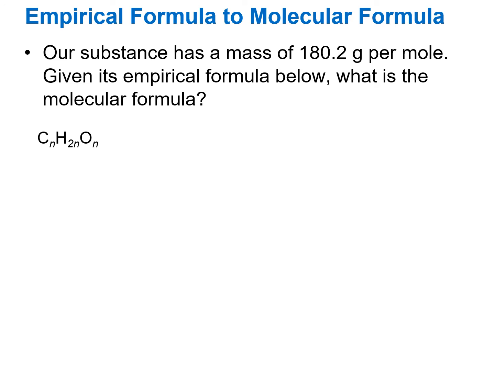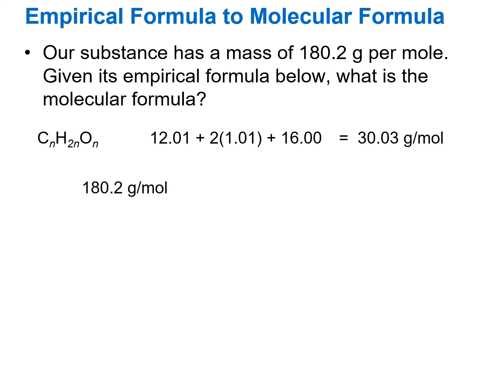Now, what we're given is 80.2 grams per mole. Do you think maybe we should figure out the molar mass of our empirical formula? Yeah, that might be a good idea. So let's do that. So we have 1 carbon, 2 hydrogens, and an oxygen. And when we add all of those up, we have a molar mass of our empirical formula of 30.03 grams per mole. If we divide that into our mysterious sugar substance, we take our 80.2 grams per mole, divide it by 30.03 grams per mole, we get a value of 6.